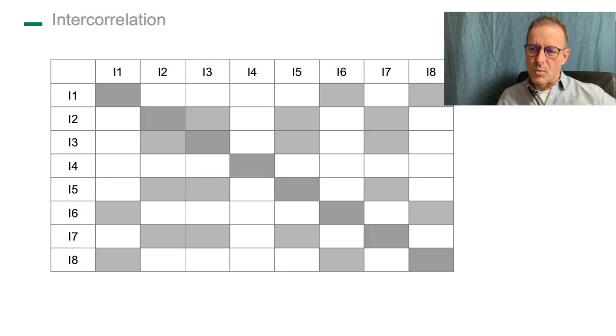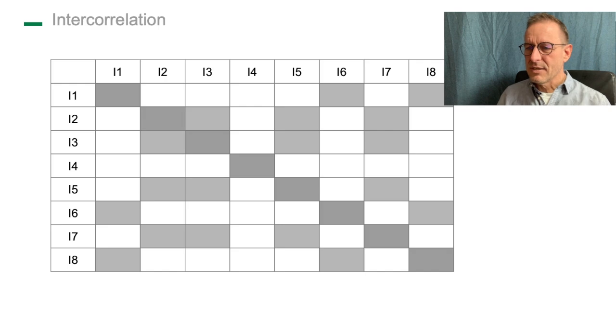And what we can do with those, once we have the data for all these 8 items, is, as I already said, calculate an intercorrelation matrix. This intercorrelation matrix has the same lines as the columns. There is a diagonal symmetry, as you can tell from this picture.